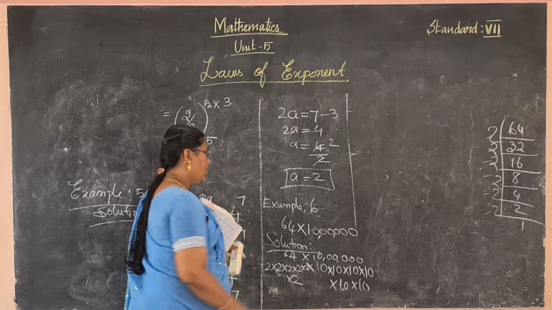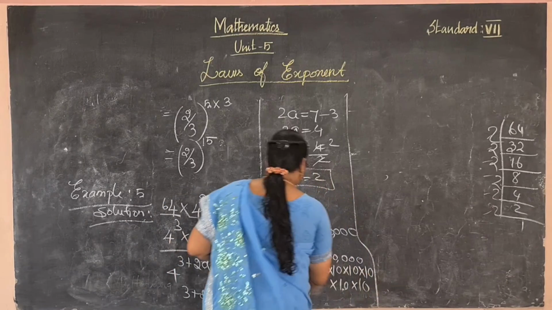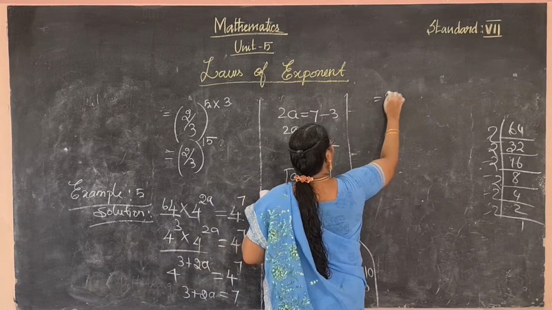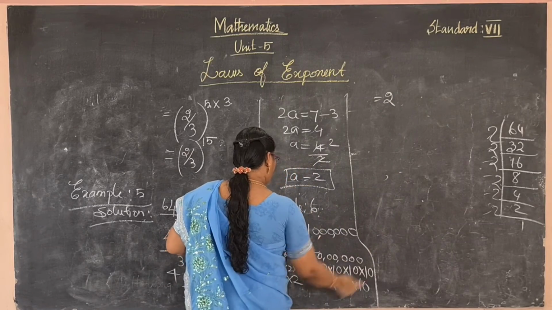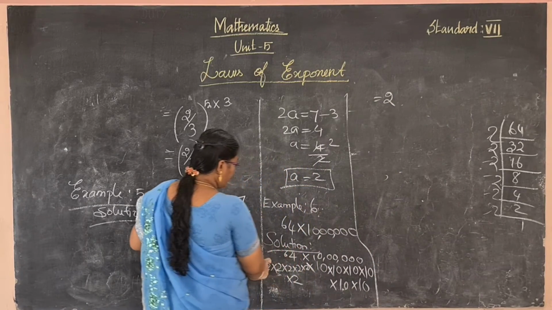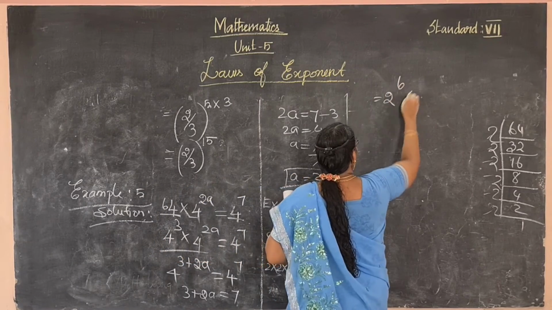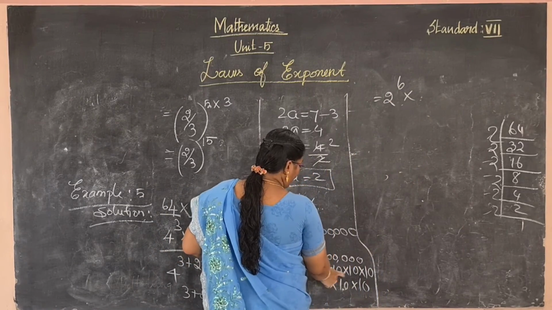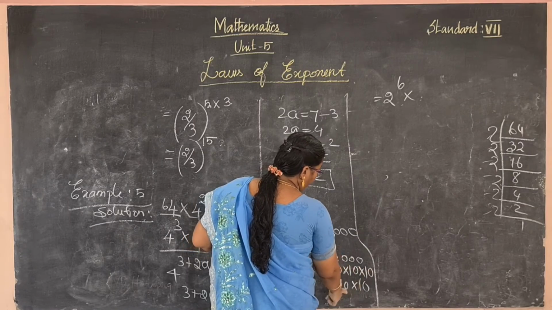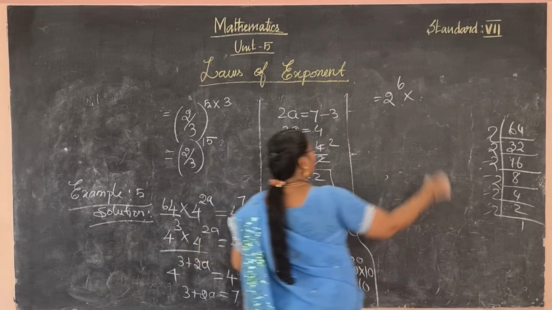How many times is it repeated? 6 times. Now write in exponential form. So 2 power 6 into 10 power 6, 6 times repeated.